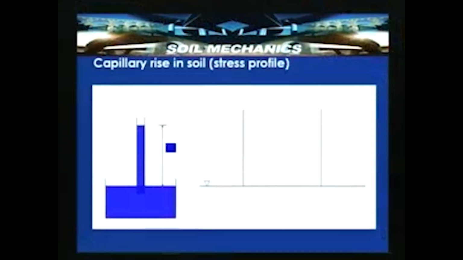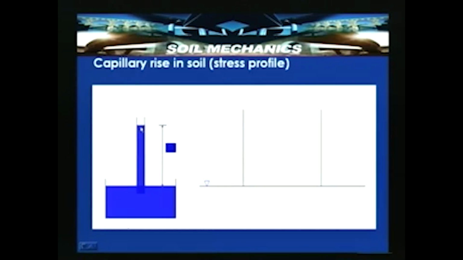So, let us see the capillary rise in soil and then the stress profile. In this particular case we have a vessel of water that represents the free water surface or groundwater table, and this is the diameter of the tube D, and HC is the capillary rise depending upon the tube diameter, and this is the meniscus which is formed, which is not shown here.